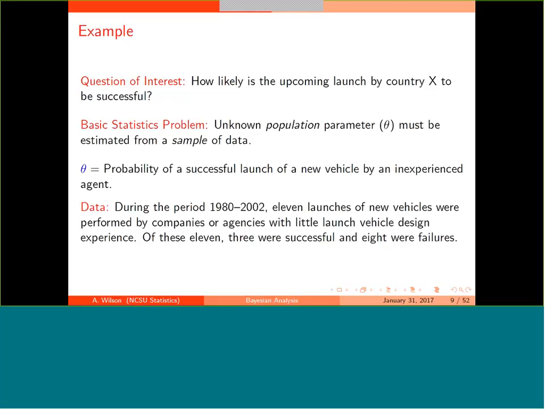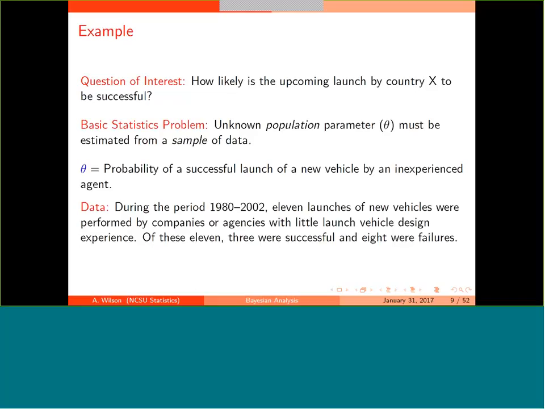The question of interest is, suppose that we know that a country, maybe not the United States, is planning to launch a system. And so the question that we have is, how likely is the upcoming launch by country X to be successful? This is something that we can certainly frame in terms of a probability.